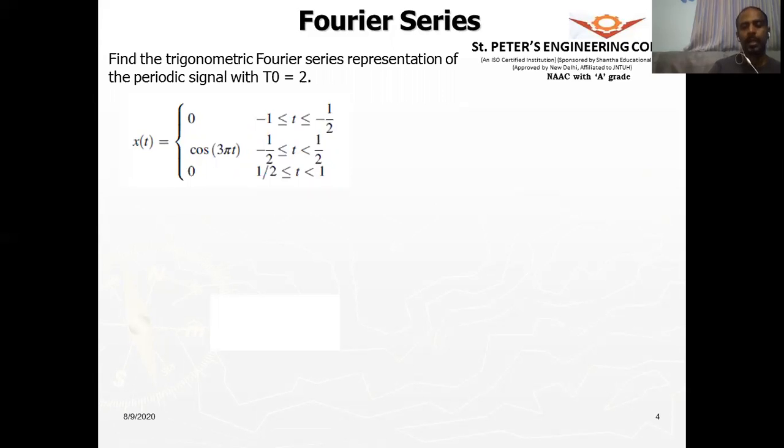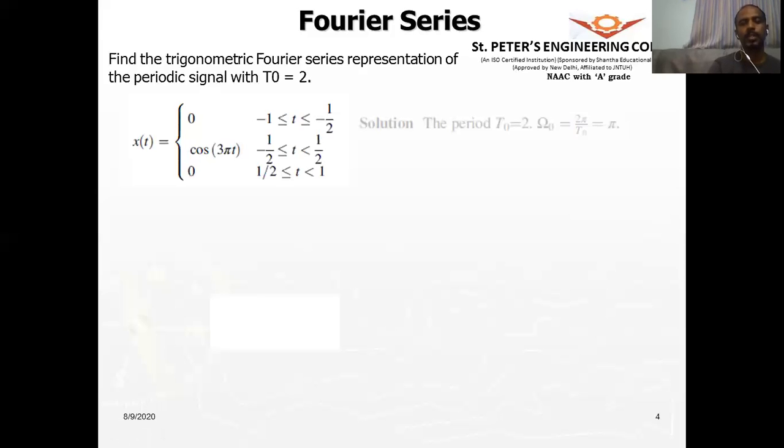Here x of t is defined for minus 1 to plus 1. From the interval minus 1 to minus half, the signal is 0, and from minus half to plus half it exists, and again from plus half to plus 1 it is 0. So it repeats after this. We are describing only one period.